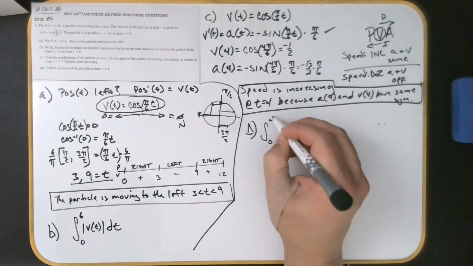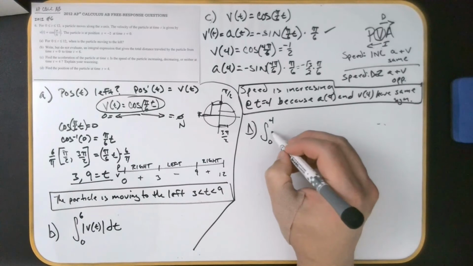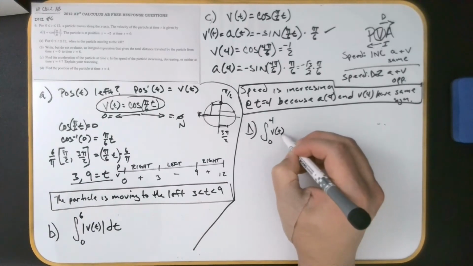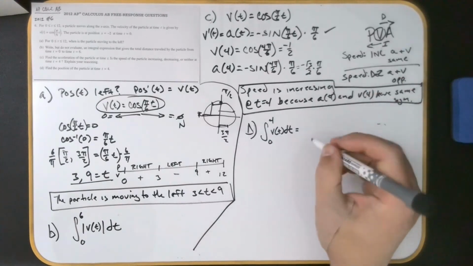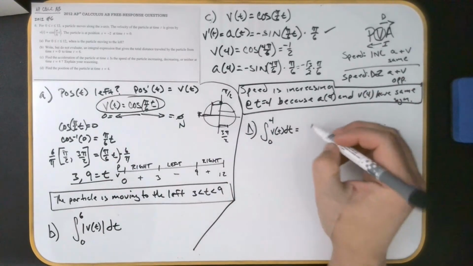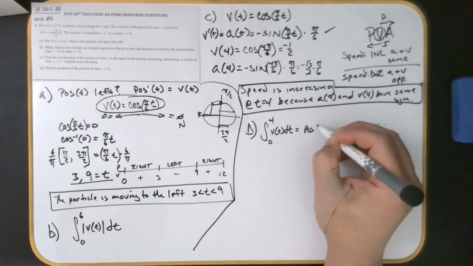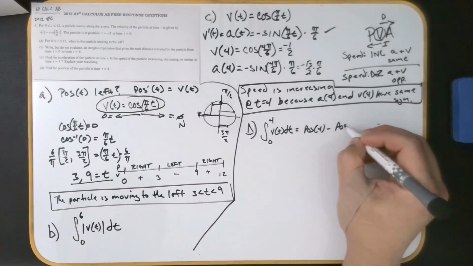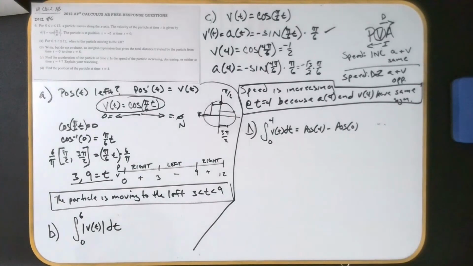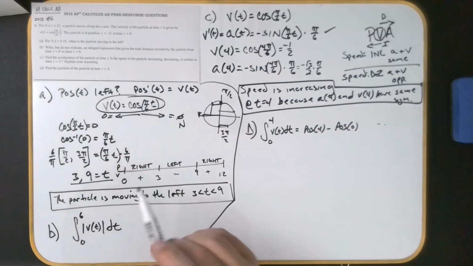It says t equals 4, so I'm going to use 0 and 4, and I'm going to integrate the velocity function. Well, the integral of velocity is position, so I'm going to use this notation that I like to use. The position at 4, this is the fundamental theorem I'm doing here, minus the position at 0. Okay? So the question is saying, find the position at t equals 4.